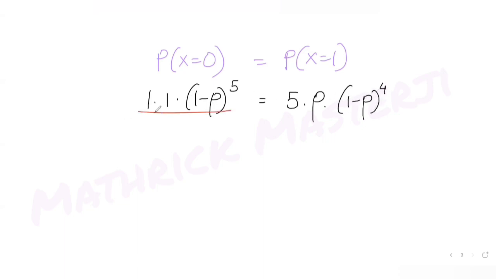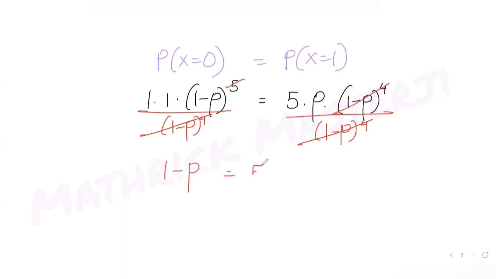Dividing both sides by (1 minus p)^4, I can divide both sides by a positive value because anything raised to 4 is always positive. So this gets cancelled, only 1 minus p remains. So you get 1 minus p is equal to 5p, and that gives you 1 is equal to 5p plus p, which is 6p, and from here you get p as 1 over 6.